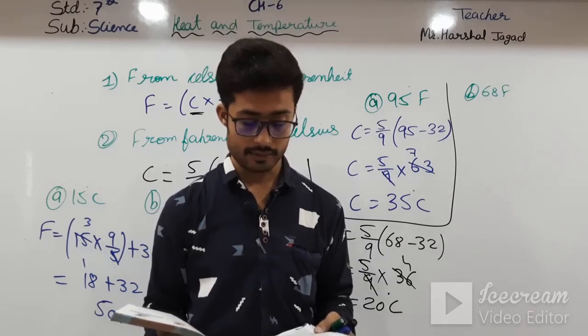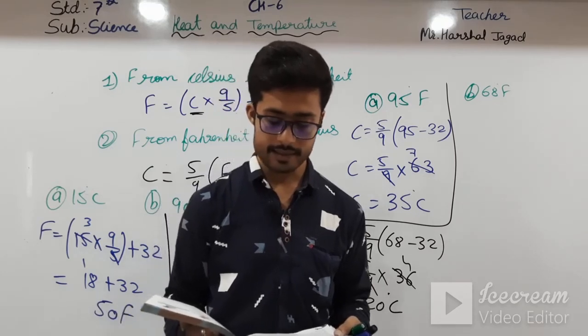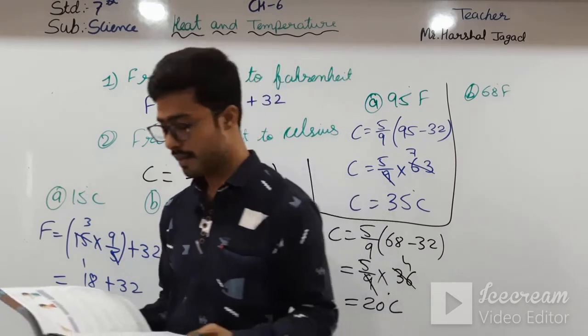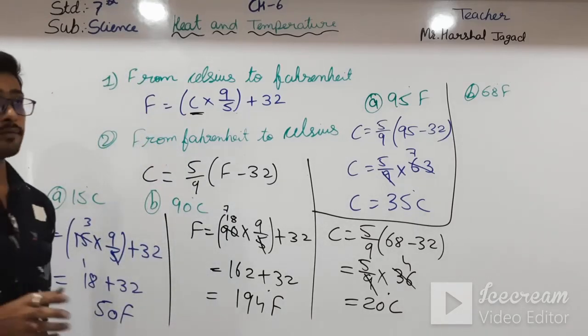Both mercury and alcohol have different advantages and disadvantages as thermometer liquids. See here, types of thermometer.